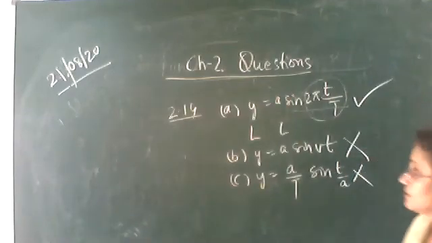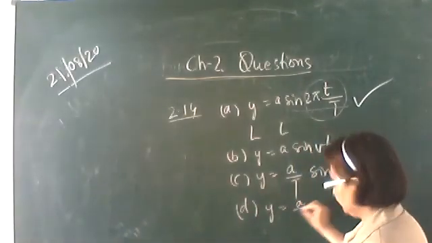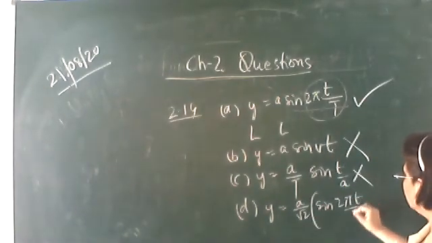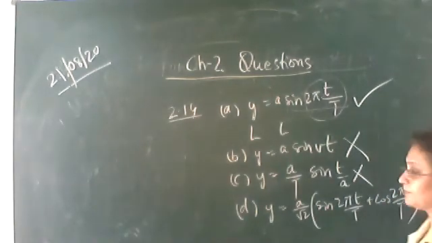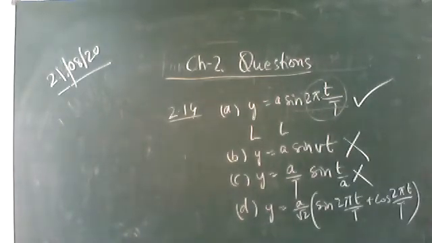The D part is y is equal to a upon root 2 into sine 2 pi t upon T plus cos 2 pi t upon T. Okay, check it yourself and let me know the answer. Is it dimensionally correct or not? First check sine theta, cos theta. These should be dimensionless. Dimensionless quantities only can be added or subtracted, same dimension quantities.